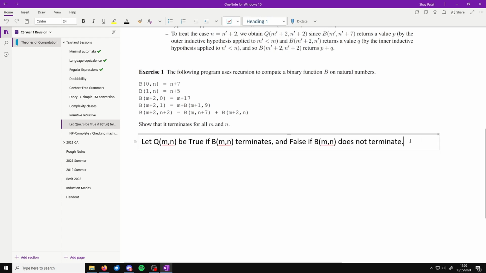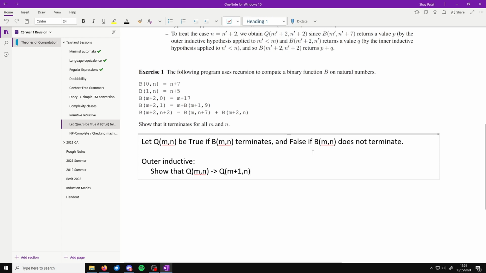Okay, so let's start with our outer induction. We want to show that q of m n implies q of m plus 1 n. Or actually, we want to use course of values here.